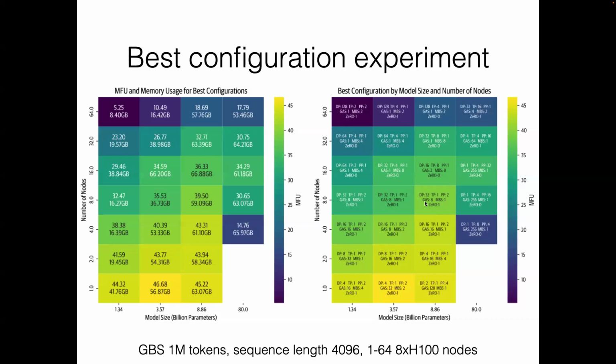GAS is gradient accumulation steps, so they're using 8 steps of gradient accumulation. The micro batch size is actually just 1. And they're additionally using ZeRO-1 sharding. This is showing the best configuration for this model size and number of nodes. So kind of cool. They did, I think, about 4,000 different experiments, and you can see these different settings that emerge from them.